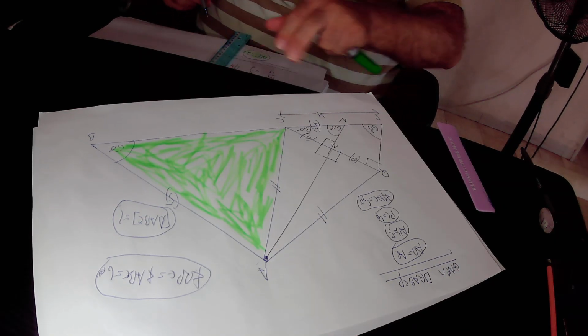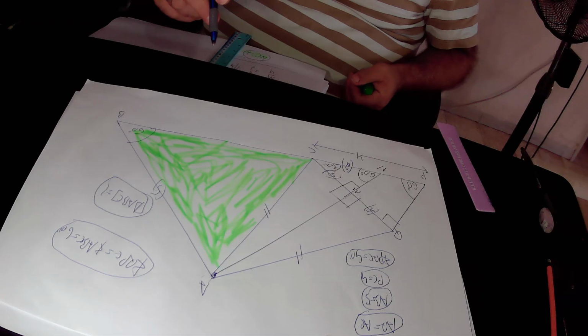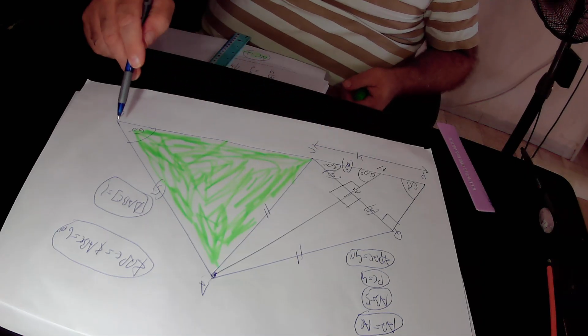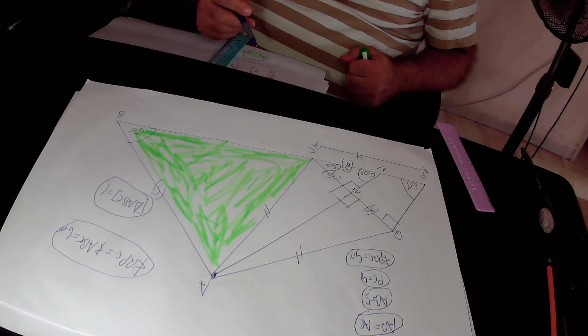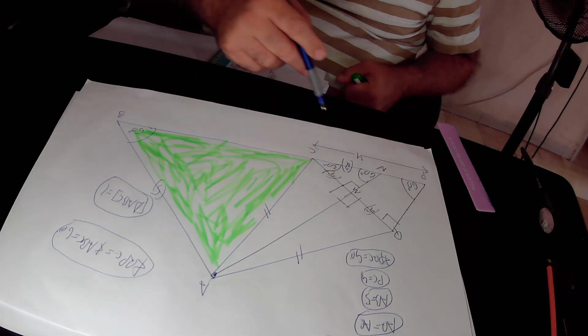In the next step, I'll copy the big triangle AB in a new page, and we will analyze this big triangle, triangle AB.